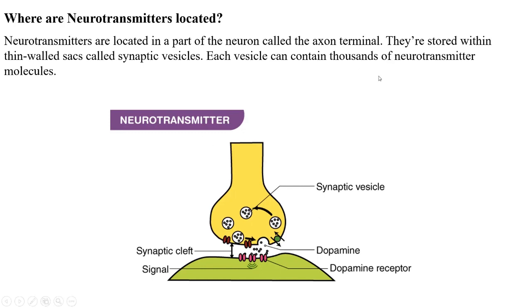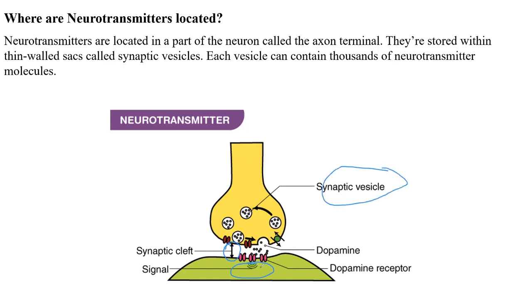Okay, wait a minute. Let me annotate. Suppose here you get the signal, here's the stimuli. Here is the dopamine receptor. Here is dopamine. This is the synaptic cleft. Then this is the synaptic vesicle.